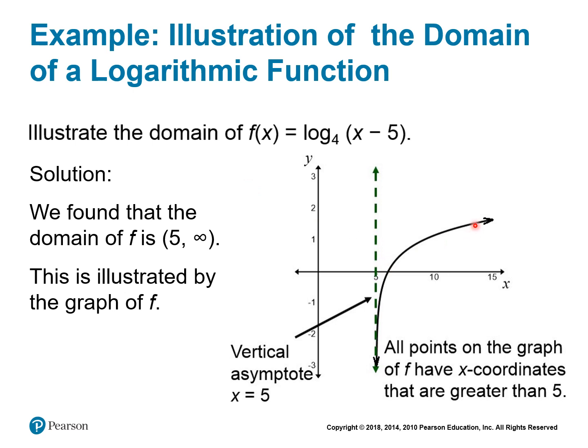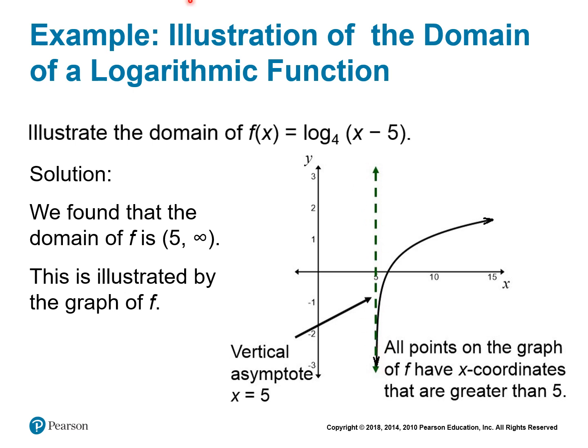This is a graphical representation of the domain x greater than 5. Earlier, with the basic logarithmic graph log base 4 of x, the graph had a vertical asymptote at x equal to 0. When it's log base 4 of x minus 5, it shifts 5 units to the right, and now the vertical asymptote is at x equals 5.